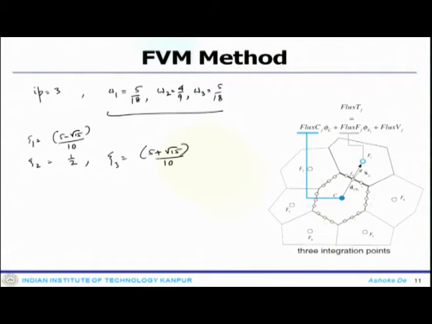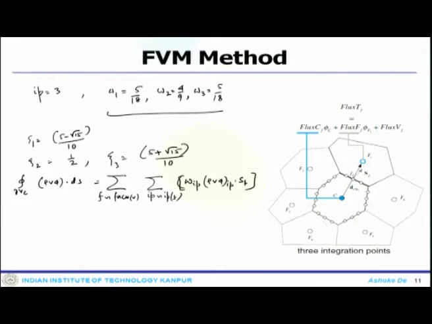So, essentially what I got is that the integral of rho v phi dot ds gives me back the summation over faces over V, IP over IPF, WIP rho V phi IP dot SF.